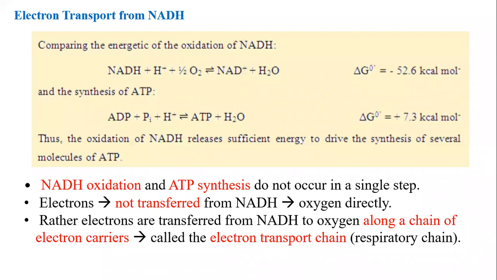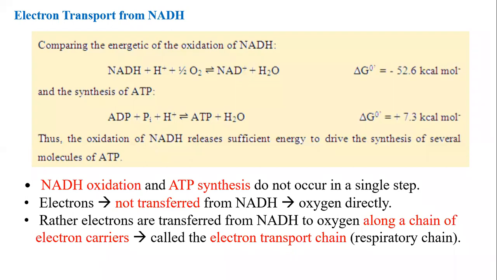And in synthesis of ATP from ADP and inorganic phosphate, delta G naught is plus 7.3 kilocalorie per mole. That is endothermic reaction. Means in the formation of ATP, energy is required. Thus, the oxidation of NADH releases sufficient energy to drive the synthesis of several molecules of ATP.